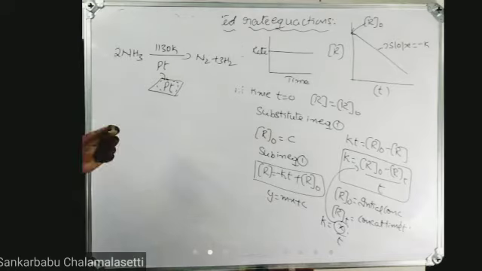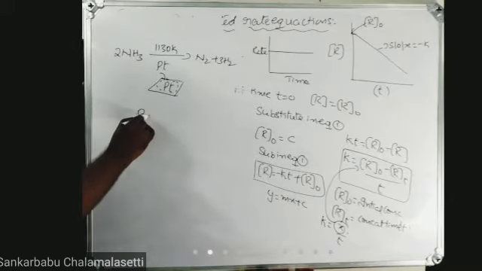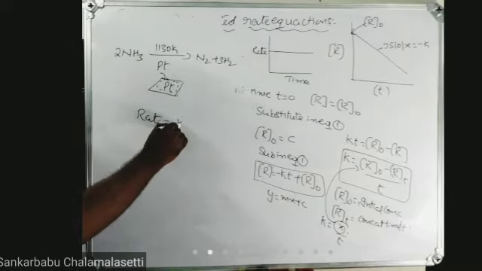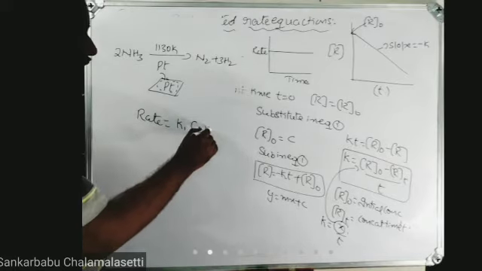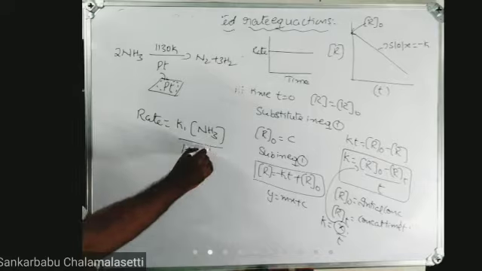And one more important point regarding this decomposition of ammonia on the surface of platinum is that one rate equation is proposed experimentally. That rate is equal to K1 into NH3 divided by 1 plus K2 into NH3.